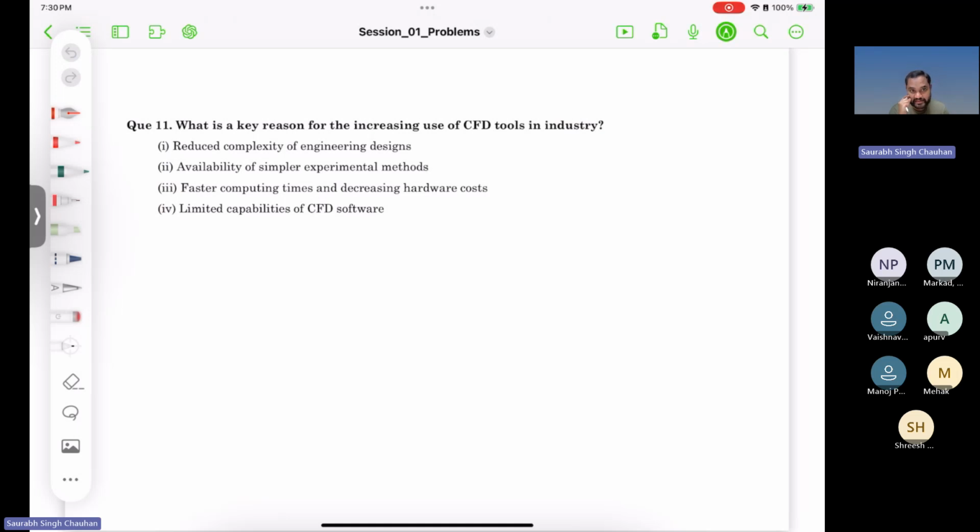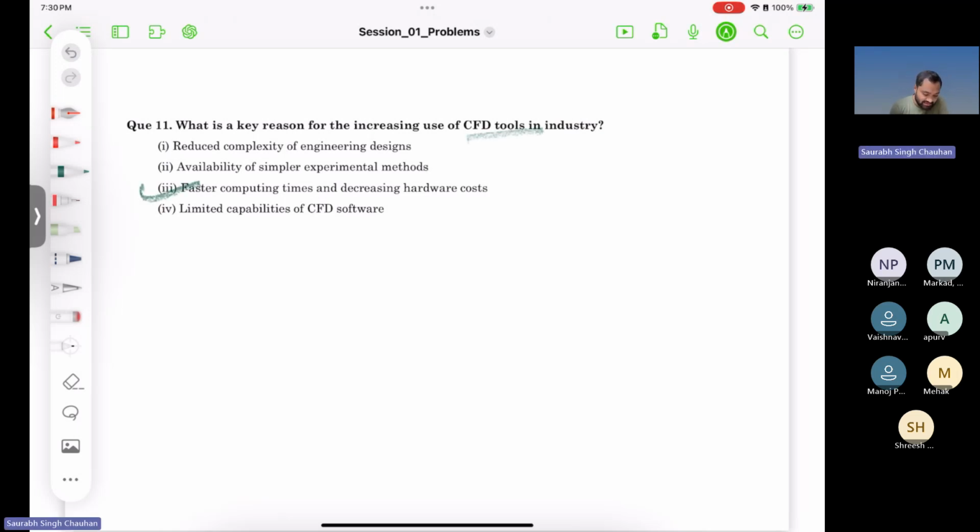For example, 10 years ago, the memory cards that you were using were a few gigabytes or hardly 1 GB, but now you are using terabytes. So hardware cost is decreasing and computers are getting faster. The new chips, the new processors are coming. So that makes CFD easy.